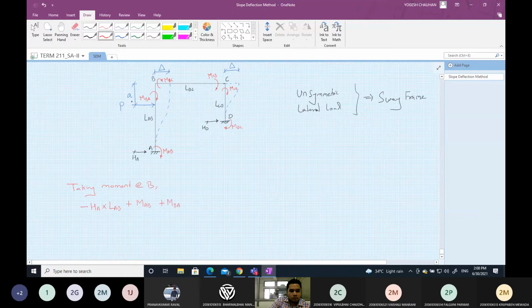Now this P into A will also cause anti-clockwise moment, so minus P into A, this should be equal to 0.